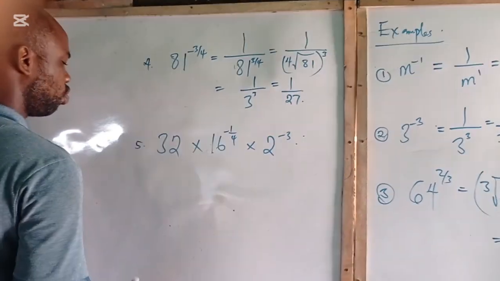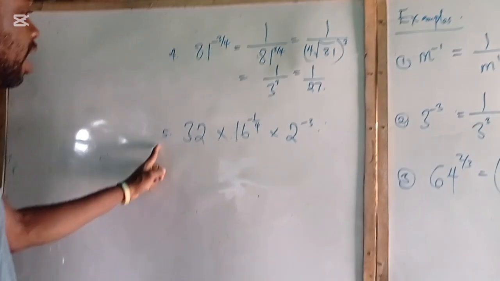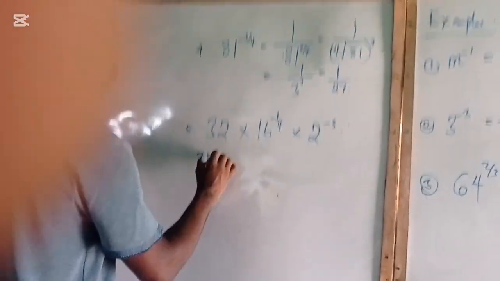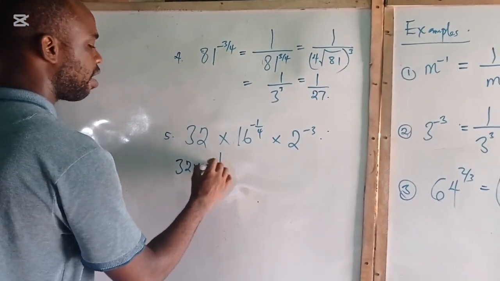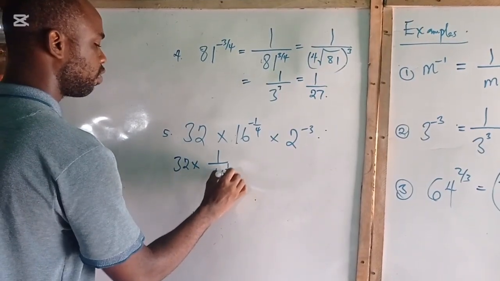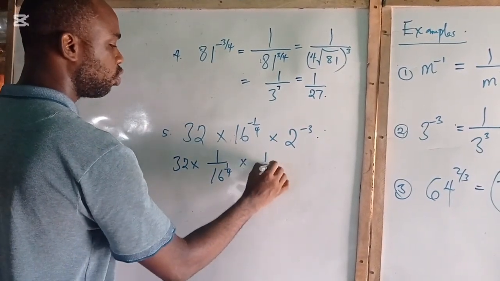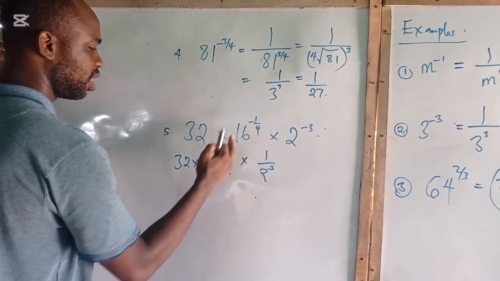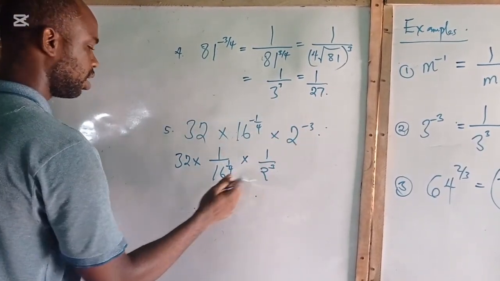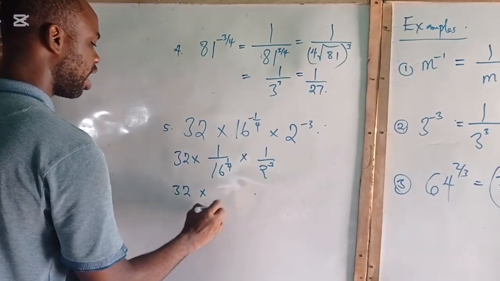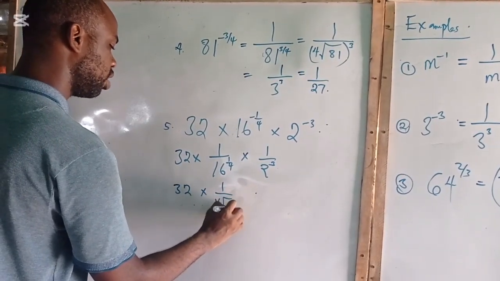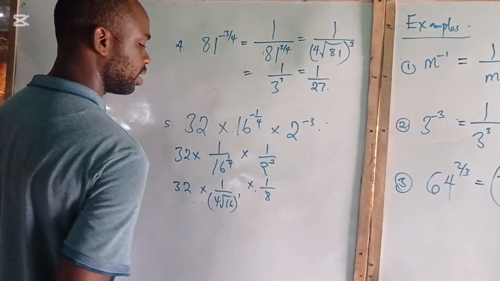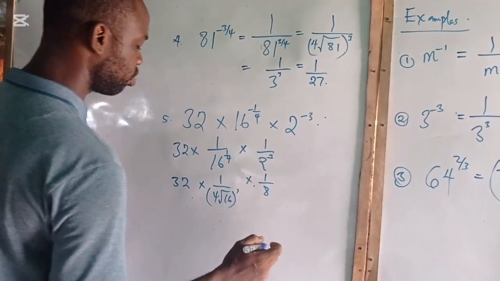3 multiplied by itself 3 times will give us 27. Good. So this example 5 combines everything that we have been doing here. This is 32 times 1 over 16 raised to power 1 over 4 times 1 over 2 raised to power 3. Remember, we remove the negative signs here and here. So we have 32 times 1 over the 4th root of 16, times 1 over 8, because 2 times 2 times 2 is 8.